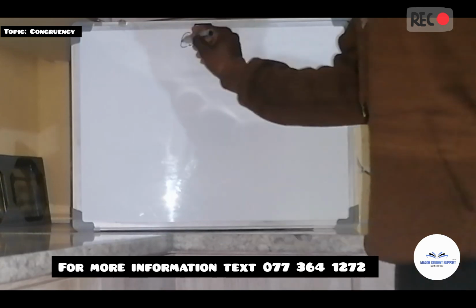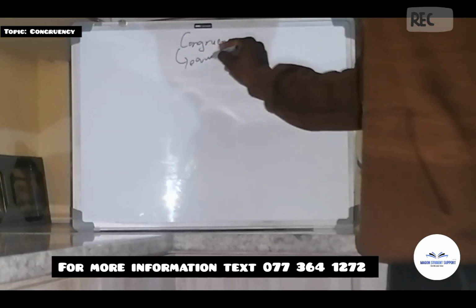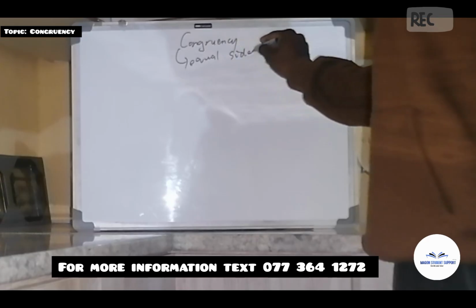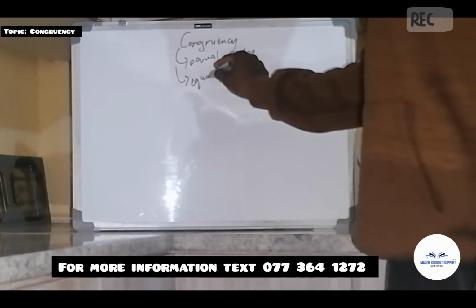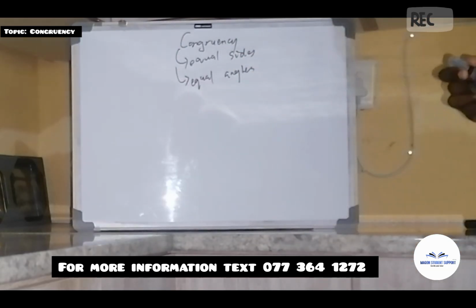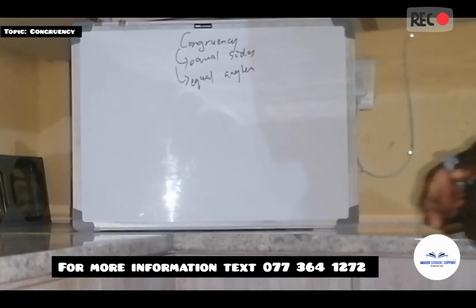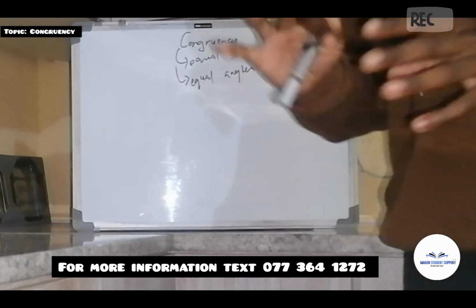So most of the things that you will be dealing with in congruence talk about equal sides, pardon my handwriting, and then equal angles. What I realized about congruence is that it's talking about the three types of triangles.